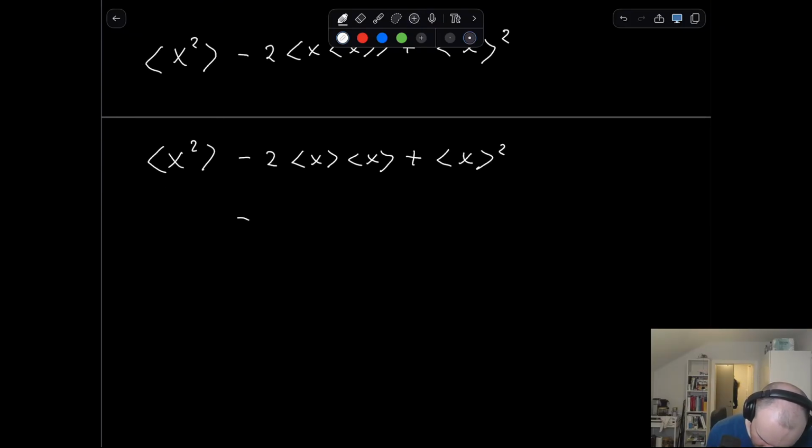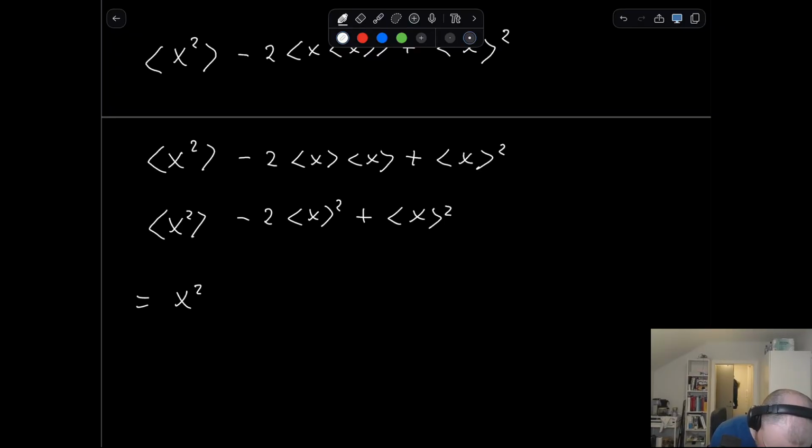And then you have 2 minus, this will be the same, because I have minus 2 and multiply. So I have this squared plus this squared, and then I have x, but this guy individually squared. And what I end up with is just x squared like that, and of course minus, because I have 2, and the whole thing squared.